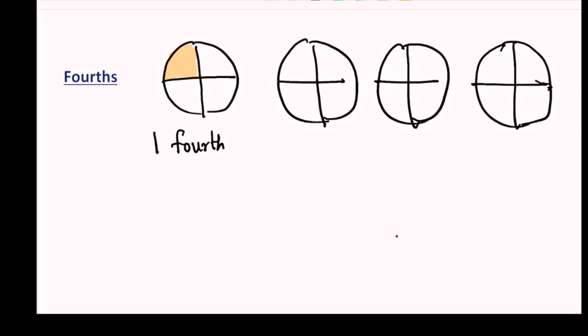Second circle, I shade two parts. That means I shade 2/4. Third circle, I am shading three parts.